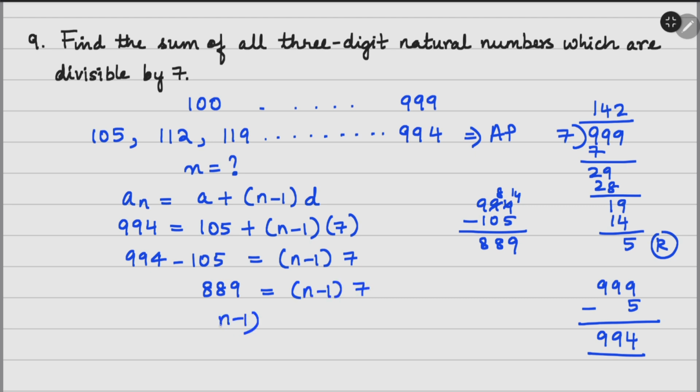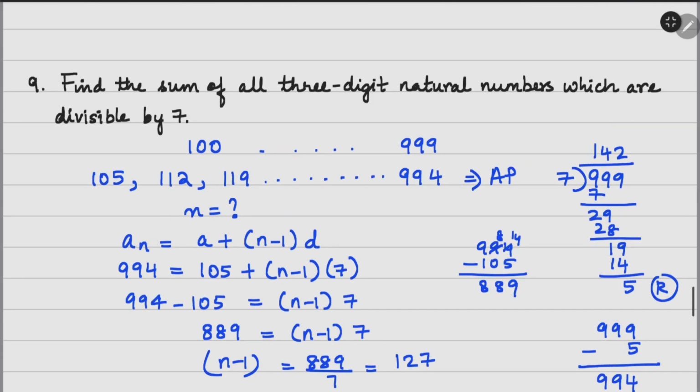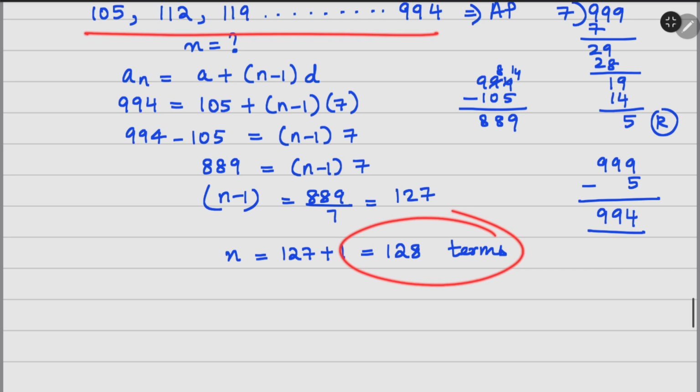So what is n minus 1 equal to? It is 889 divided by 7. 7 ones are 7. Again 18, 7 twos are 14, 49, 7 sevens are 49, 127. So n is equal to 127 plus 1, which is 128 terms are there, which are the total number of terms between 100 and 999 which are divisible by 7. The total number of terms is nothing but 128.